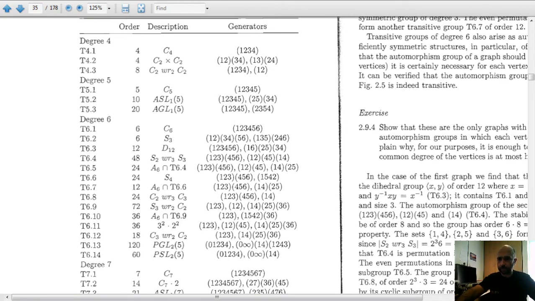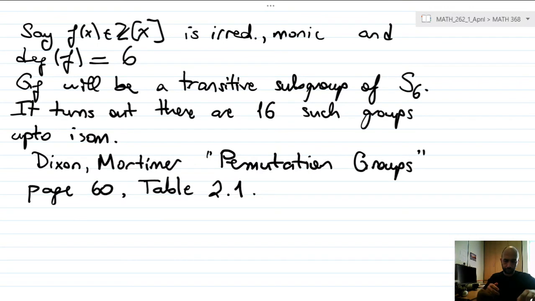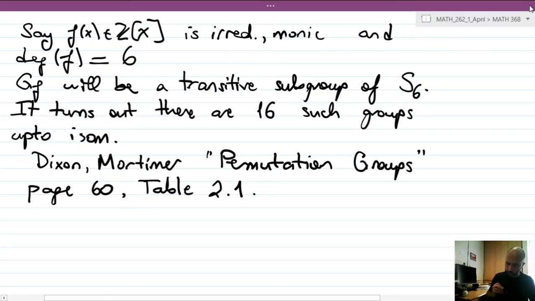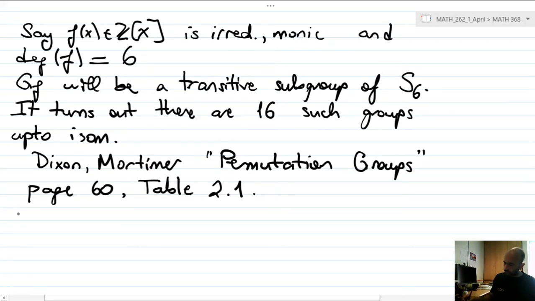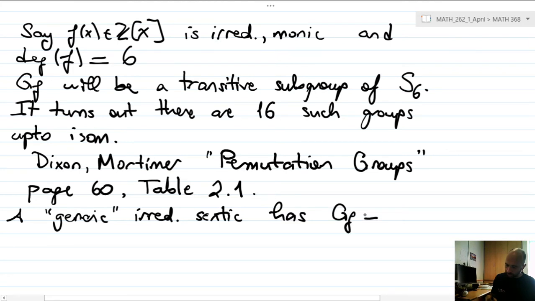Now, I might come back to this table later. Okay, now a generic, so-called, it might be difficult to pinpoint what generic means, but a generic irreducible sextic has G_f isomorphic to the full symmetric group. We kind of know that from before.